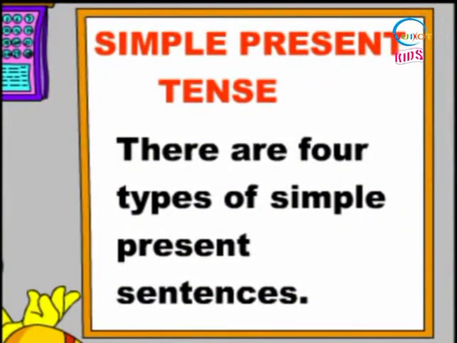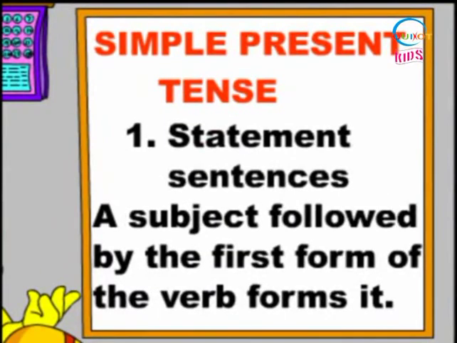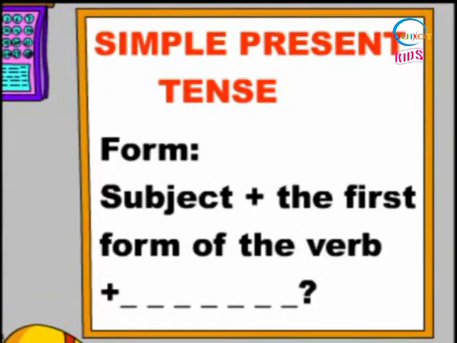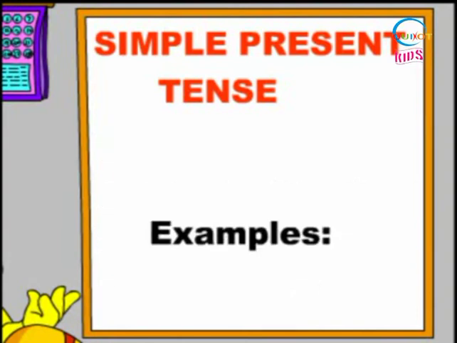There are four types of simple present sentences. 1. Statement sentences. A subject followed by the first form of the verb forms it. Form: subject plus the first form of the verb plus the activity.